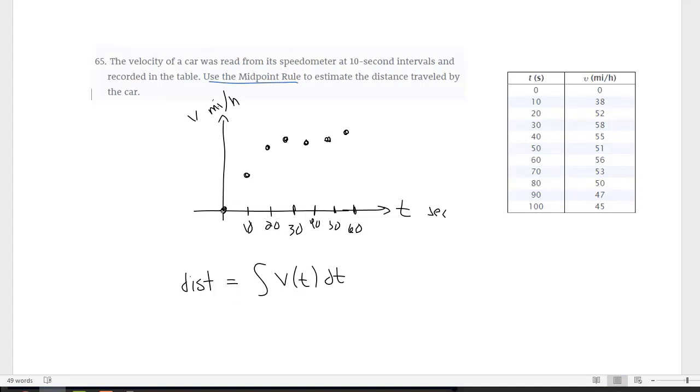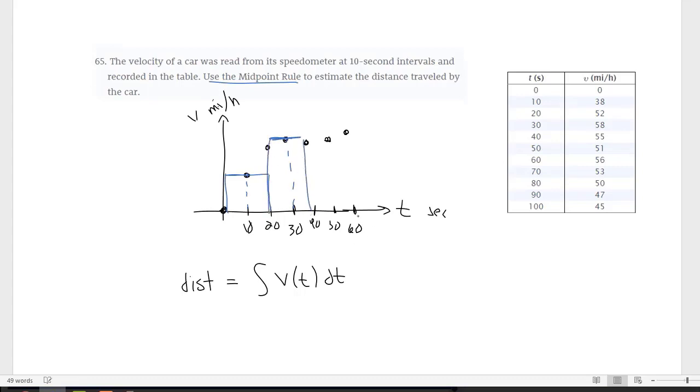If I'm doing midpoint, let's say I'm going from 0 to 20 on this first interval, 10 is its midpoint, and that's going to generate the height of the rectangle. There's my rectangle. So from 0 to 20, 10 plays the role of the midpoint. Then I could go from 20 to 40, and I didn't line these up really well, but that would be the midpoint for the next rectangle.